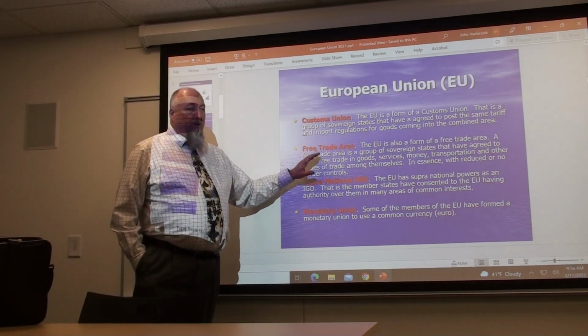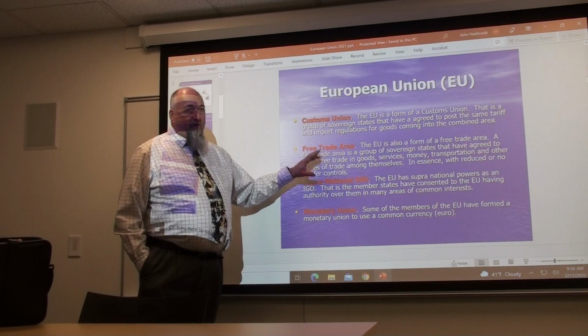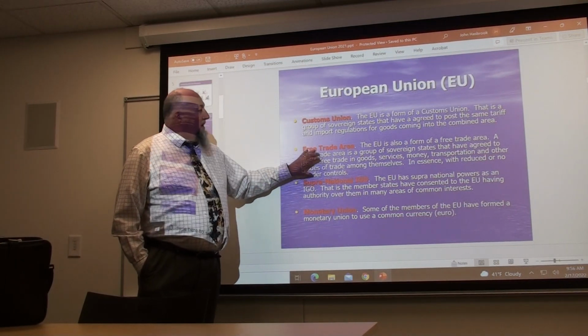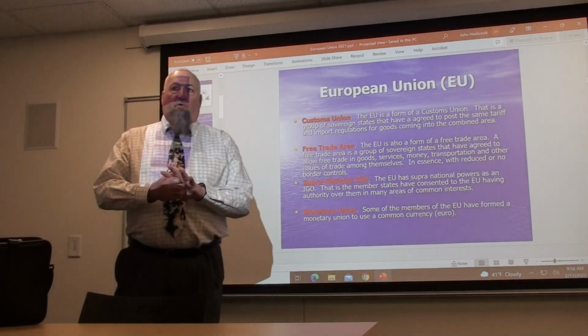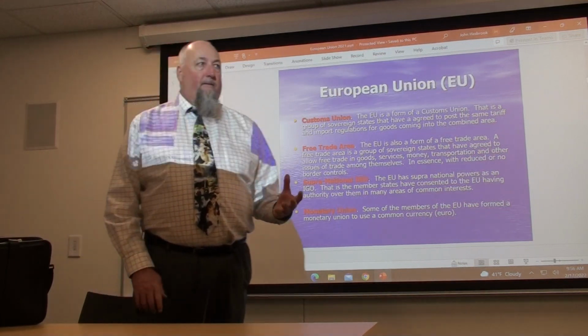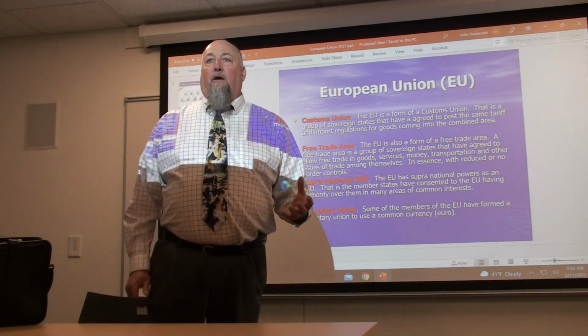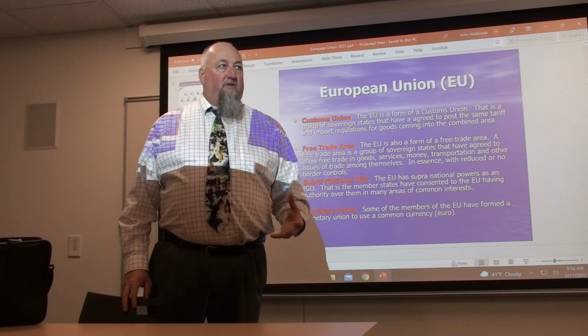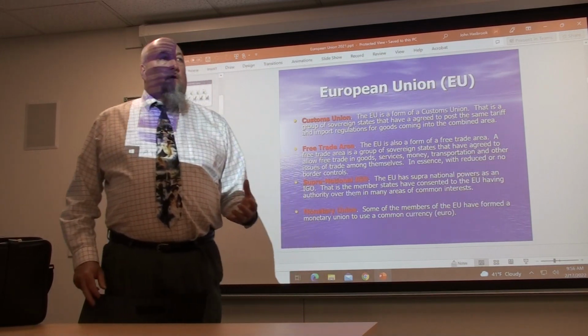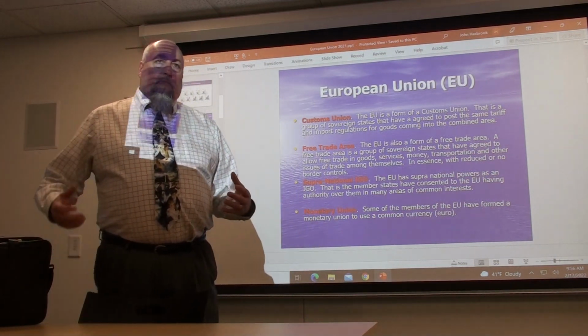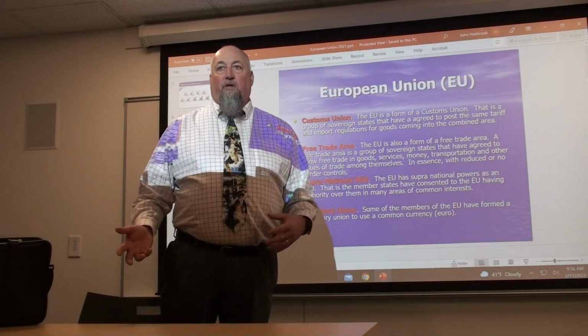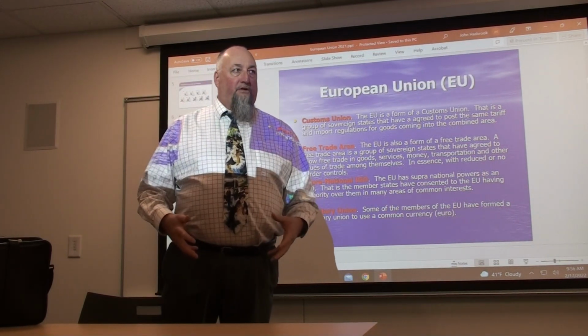So next is similar, but it's a different type of component, and that is the European Union is a form of an FTA, or a free trade area. Free trade area is an area of states that have agreed for the reduction of border crossing rules within those countries.